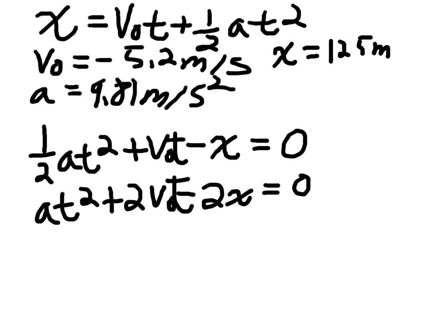Hopefully this sparks something in the back of your mind, equations of this form. So I'm going to do this a little weird and go ahead and plug in the numbers.